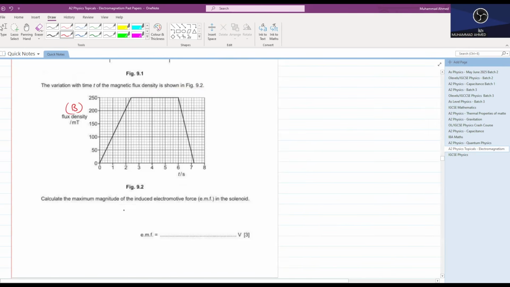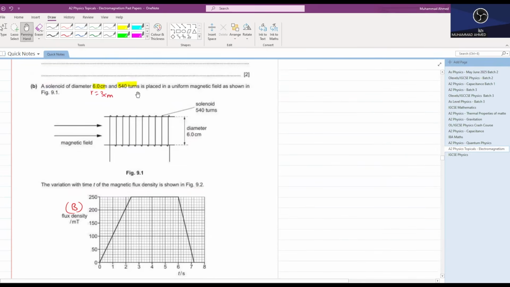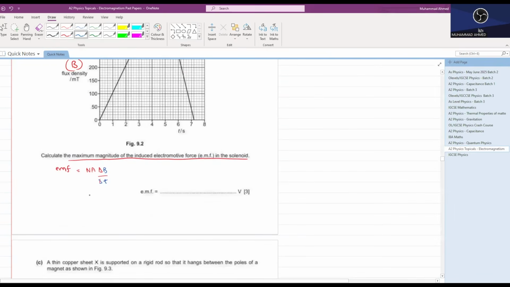Calculate the maximum magnitude of the induced EMF. So EMF is equal to N times change in phi over change in t, which is NA times change in B over change in t. What is your N? 540. What is your A?